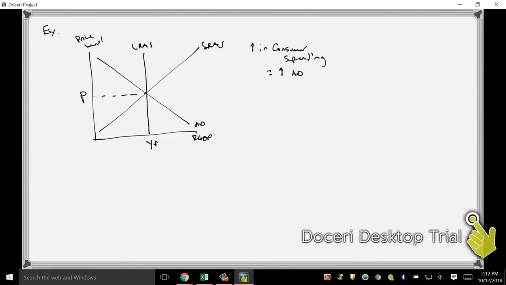We were at long-run equilibrium, but now this increase in AD is going to cause the AD to shift to the right. And now my new equilibrium is going to be where my new AD curve and my SRAS curve intersect. And that shows me that the price level in the economy is going to go up and the output is going to go up. And if you look, what just happened because of the increase in consumer spending, we have created an inflationary gap.